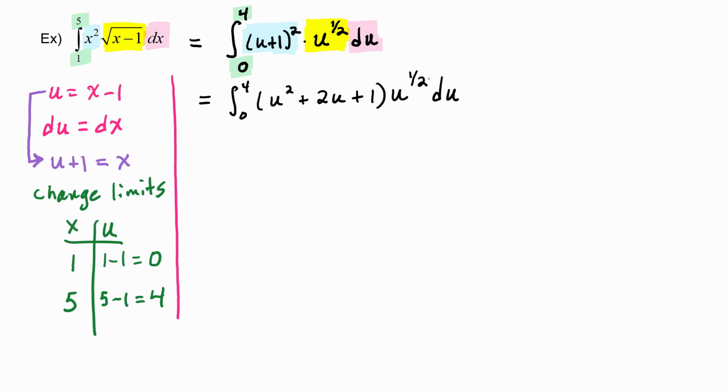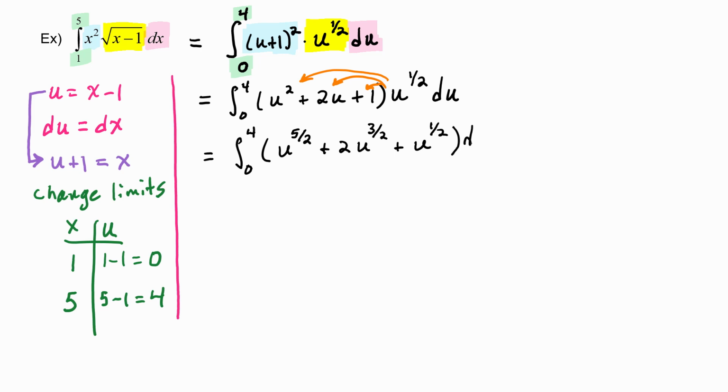Next, we need to distribute this u to the 1/2 into all three of these terms in here. So now we have the integral from 0 to 4 of u to the 5/2 plus 2 times u to the 3/2 plus u to the 1/2, close the parentheses, du.